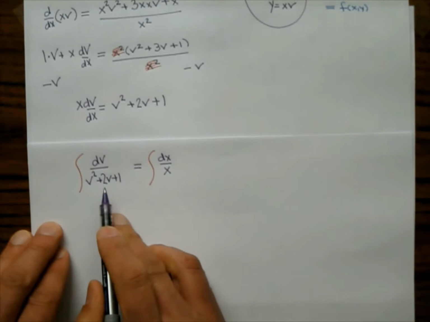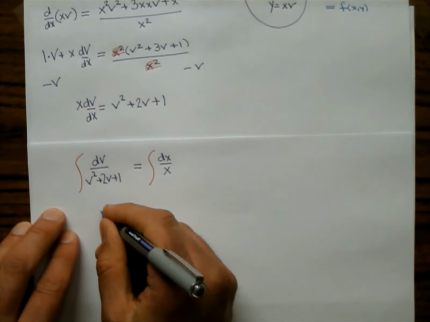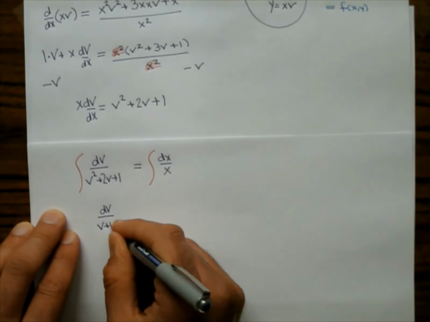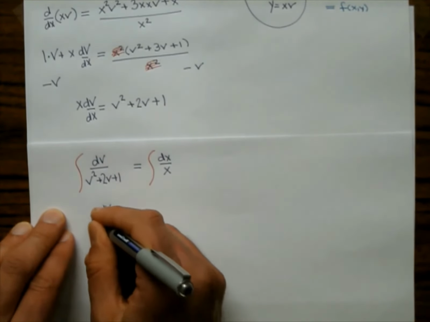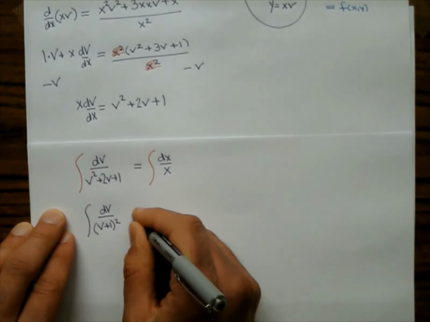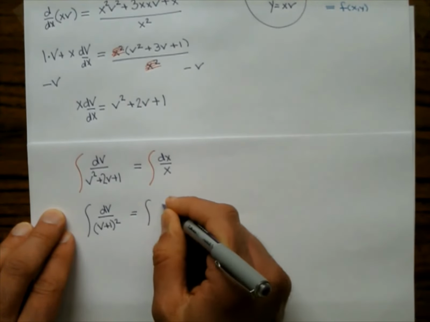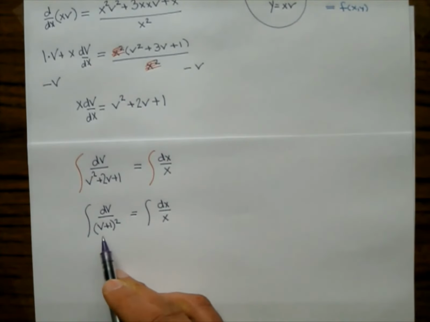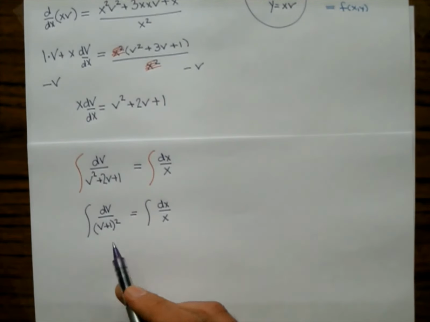Now to take the integral of the left-hand side, I might realize the bottom can be factored into v plus 1 times v plus 1. So I'll write it like that. And I can do a u substitution and let u equal v plus 1. I'm going to eyeball this one, so this is really this thing to the negative 2, and the derivative of that is just 1.